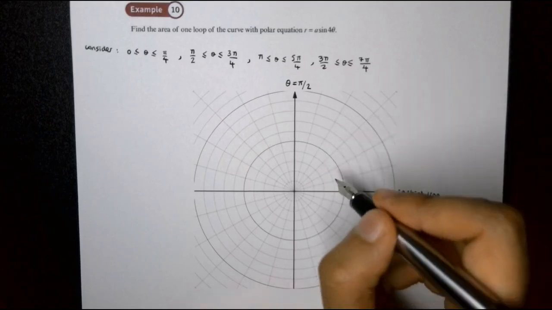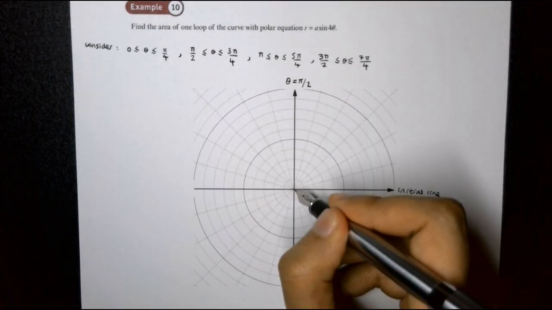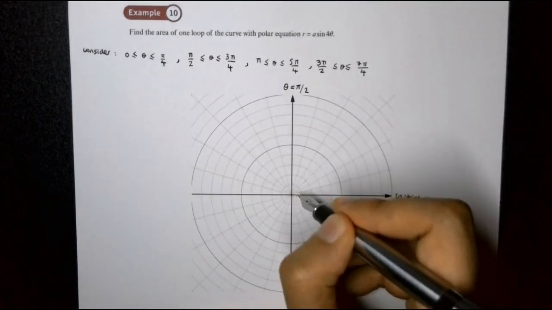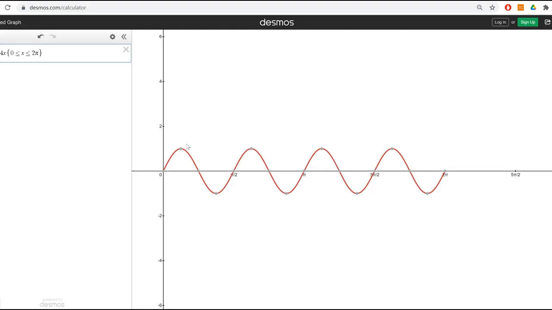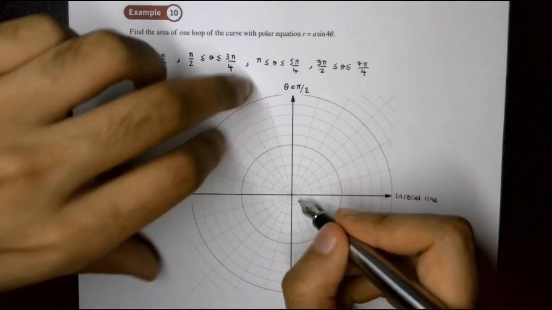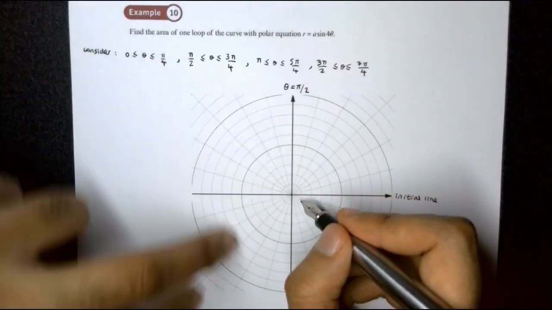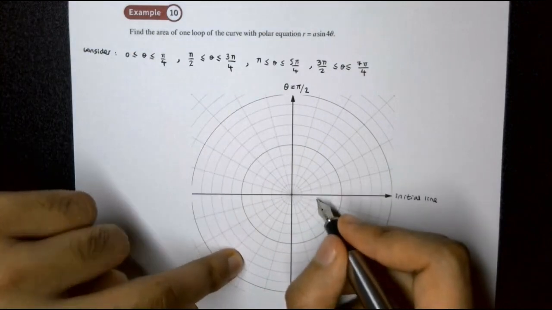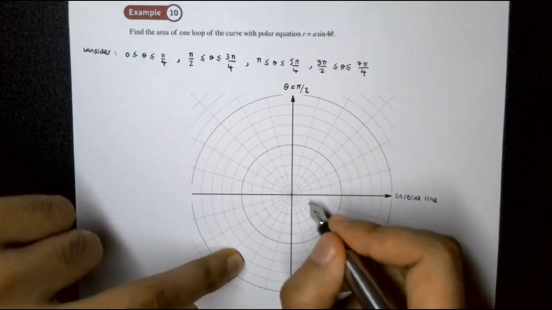Well, at 0, the graph is 0. At pi over 4, it goes back to 0. But then, going back to the graph, at pi over 8, we've got 1. And we times that by a. So at pi over 8, we get r equals a.